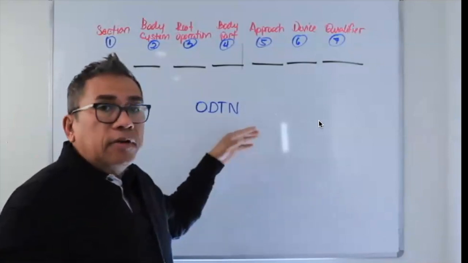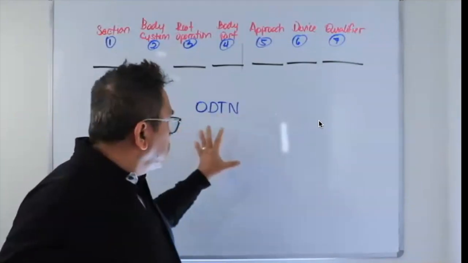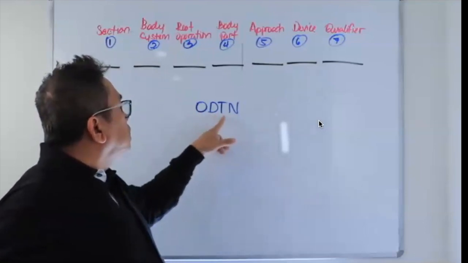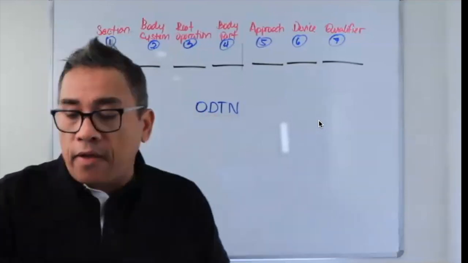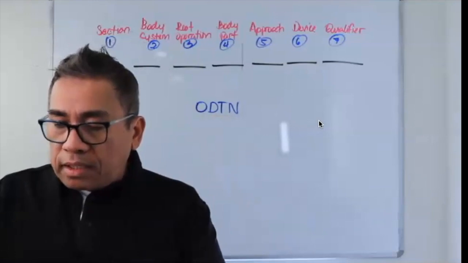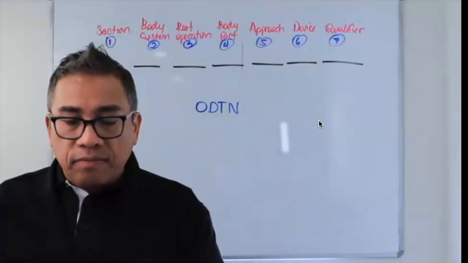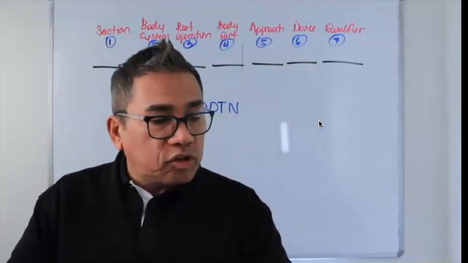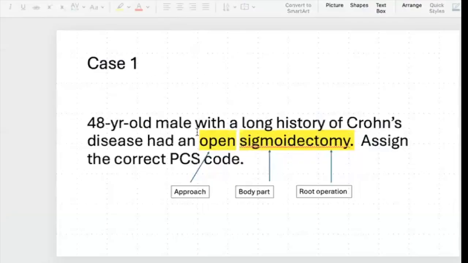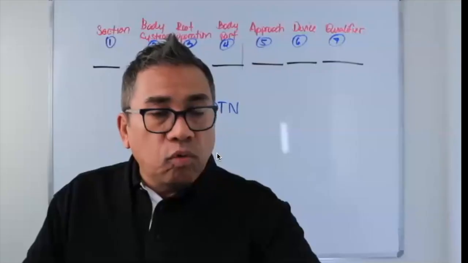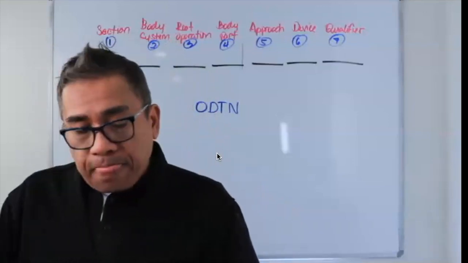Now the body part, of course, may differ. What we're going to do is go to 0DTN in our book, and let's build our code. Of course, the fifth character, because this is an open procedure, guys. Look, it is an open procedure. So what should be your fifth character?